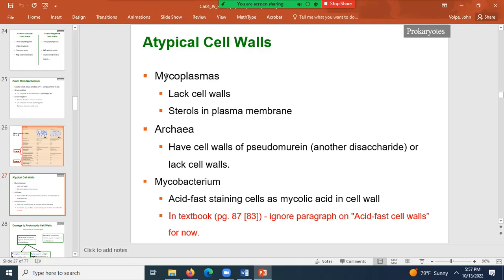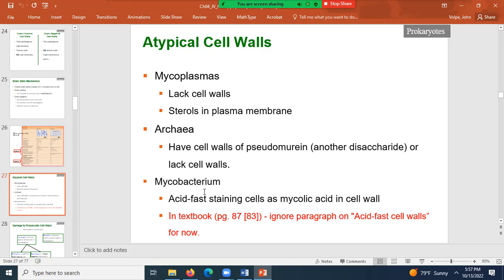Anyways, they are a family of bacteria and they have atypical cell walls. The mycoplasmas' shapes are pleomorphic, and it's because they don't have a cell wall to give the cell a shape.